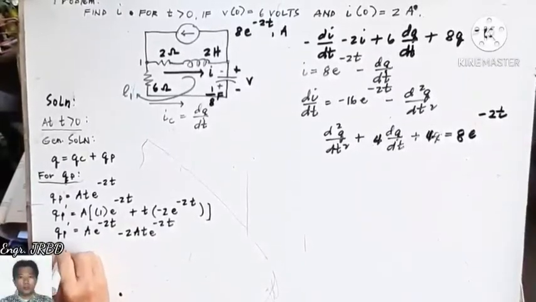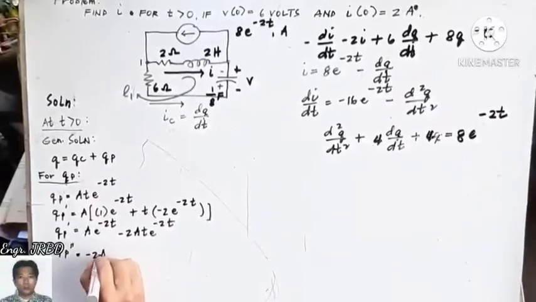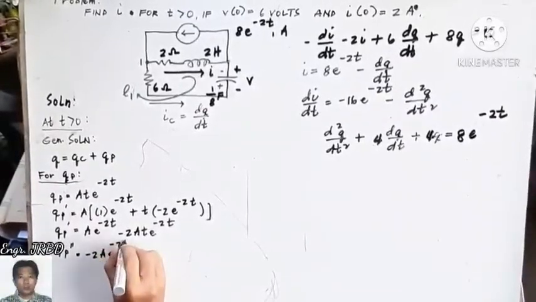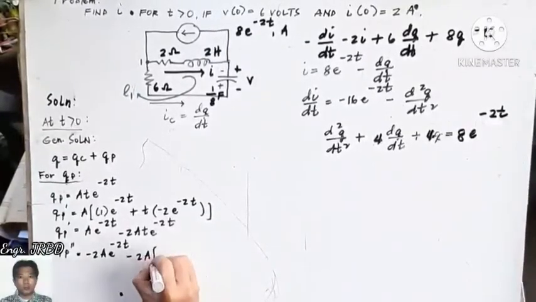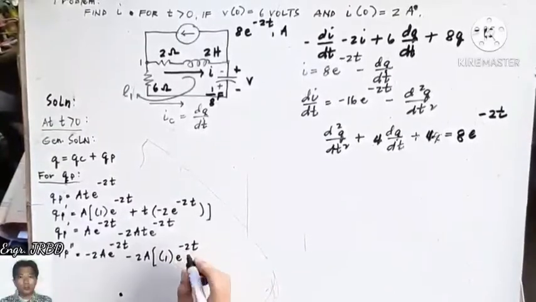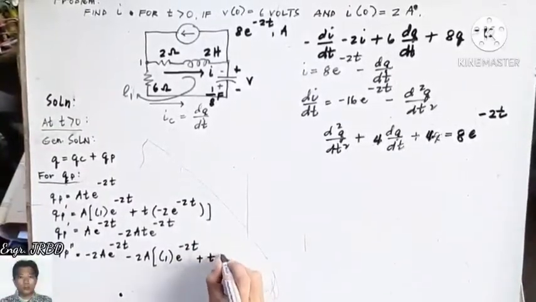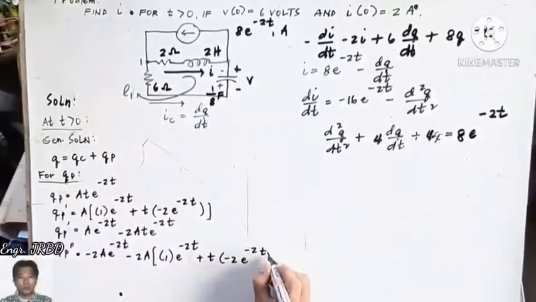The second derivative, that is negative 2a e raised to negative 2t minus 2a times 1 e raised to negative 2t plus t times negative 2 e raised to negative 2t.